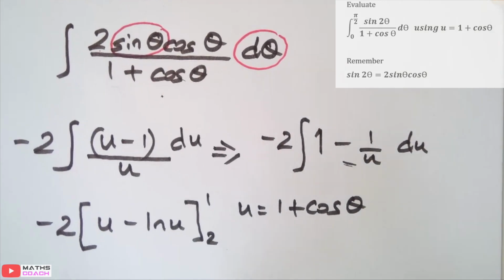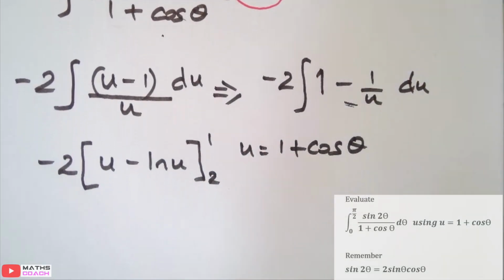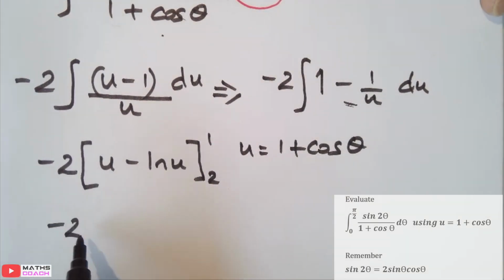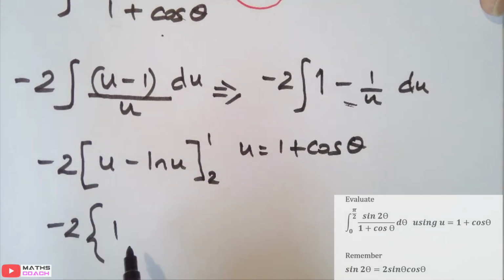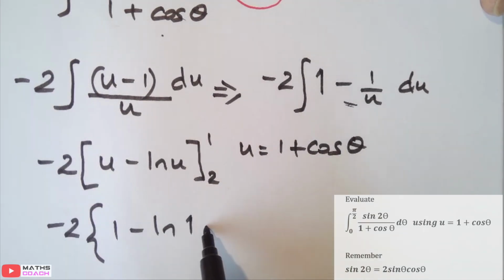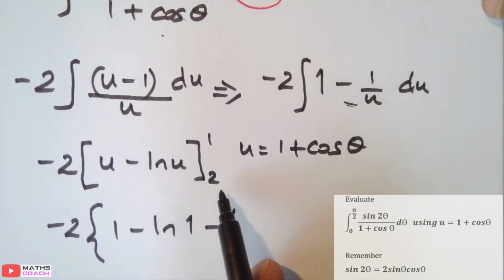So now we're going to start to open this up. When we put the 1 in, we can put a minus 2 with a bracket outside. We put the upper limit first: 1 minus ln 1. Really crucial here, you must put a bracket before you put in the lower limit.